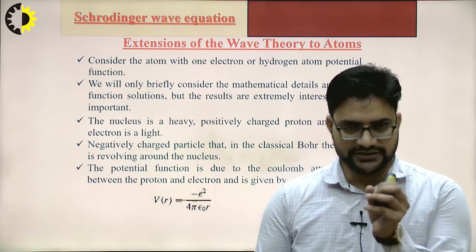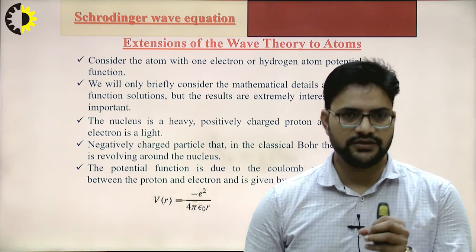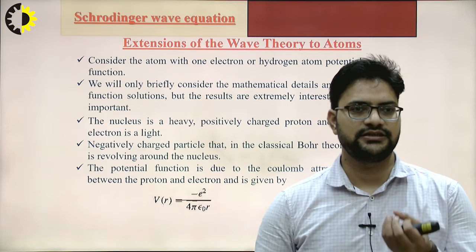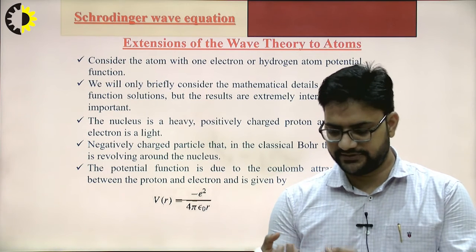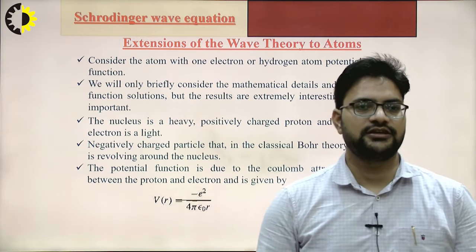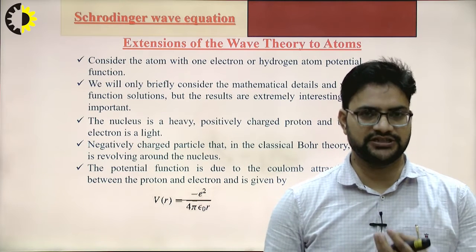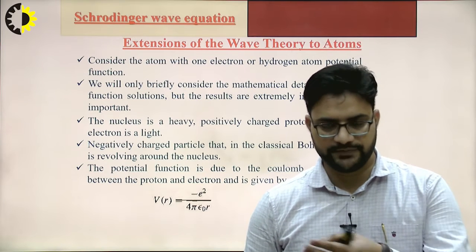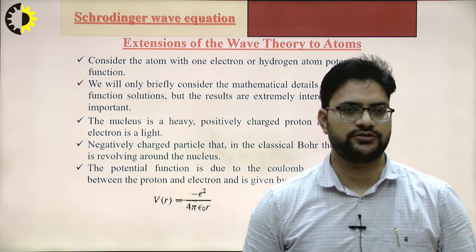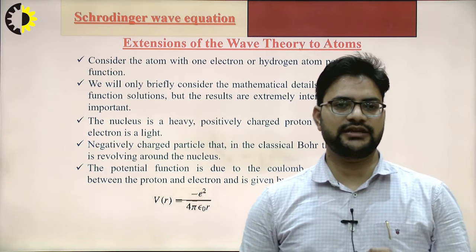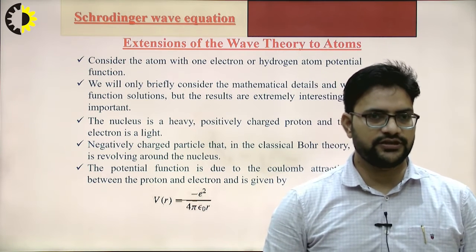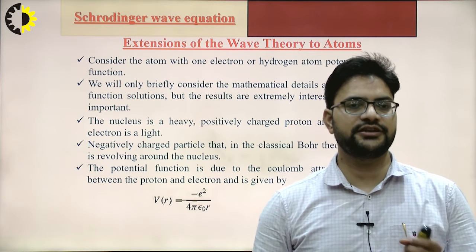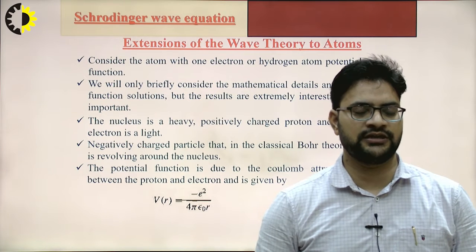So if we consider the classical model, one heavy positively charged particle, that is the proton, is surrounded by the negatively charged particle, that is the electron. This is in accordance with Bohr's theory. The electron will revolve around the nucleus.